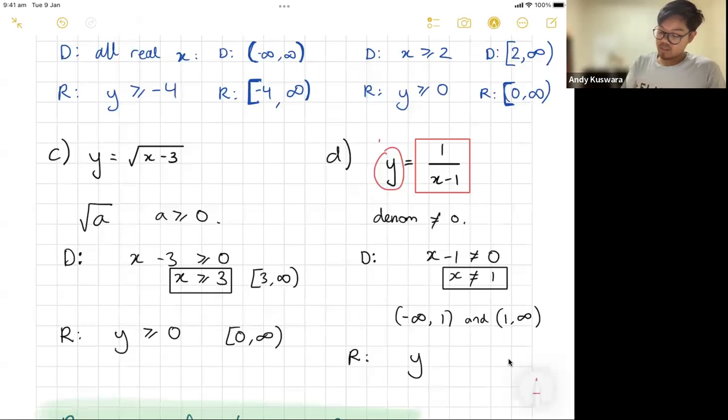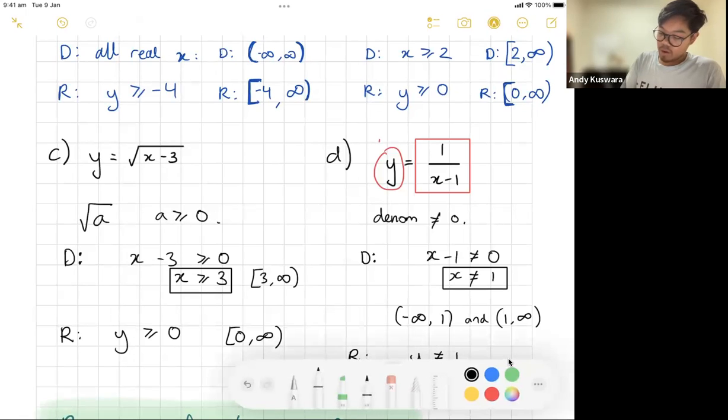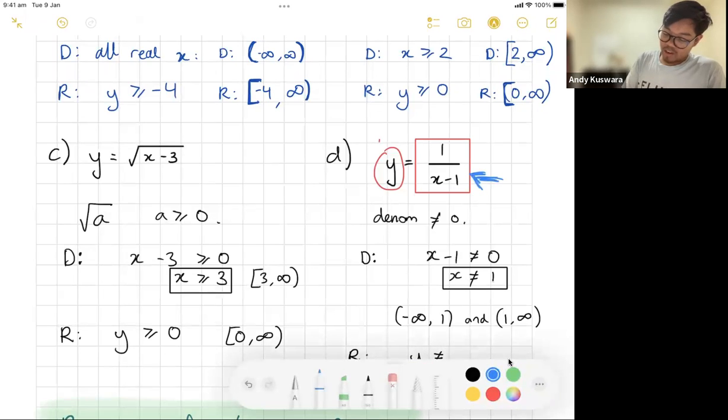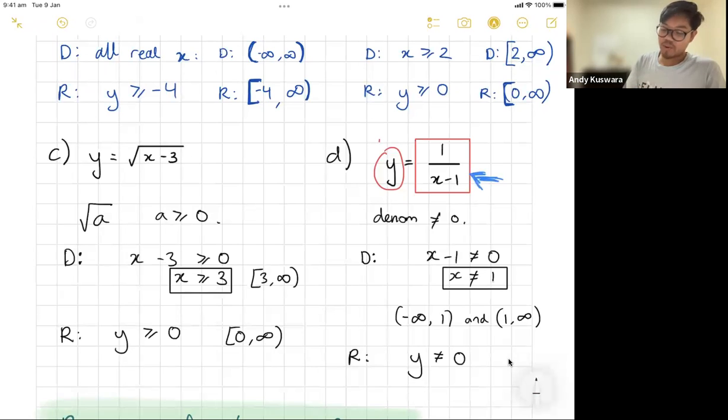So in this case here, y will actually never equal 1, because whatever I picked as my denominator, I'm never going to make this fraction, oh, sorry, I lied. You can make it equal 1, but what you can't make it is, you can't make it equal 0.